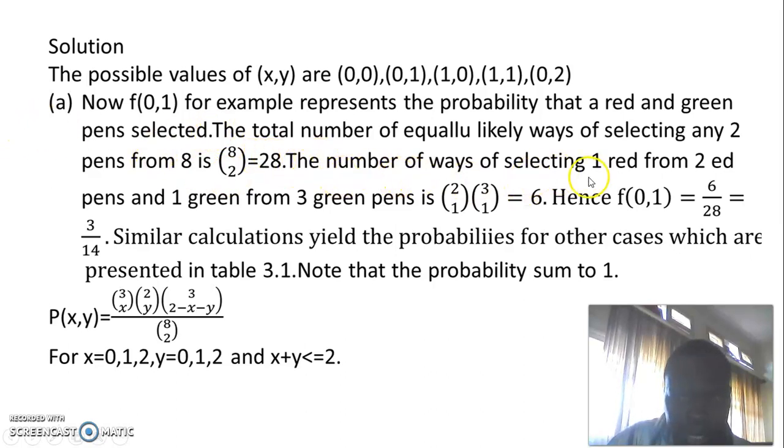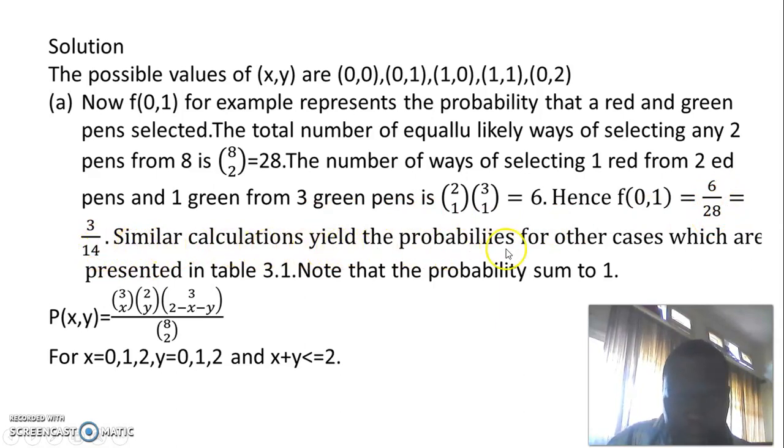The number of ways of selecting one red from 2 red pens and one green from 3 green pens is given by (2 choose 1) times (3 choose 1), which is equal to 6 ways. Hence, f of (0,1) is equal to 6 over 28, which is equal to 3 over 14.